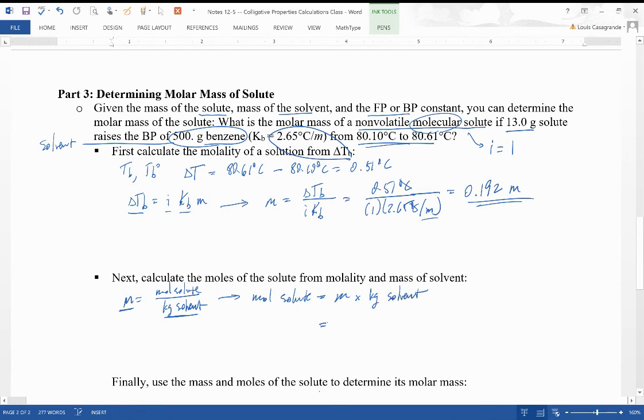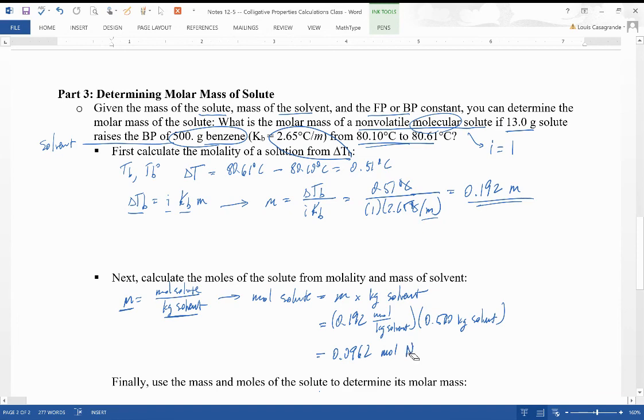In this case, 0.192 moles per kilogram of solvent multiplied by 0.500 kilograms of the solvent. That cancels out, and we get 0.0962 moles. Sorry, not a molality. That's the number of moles.